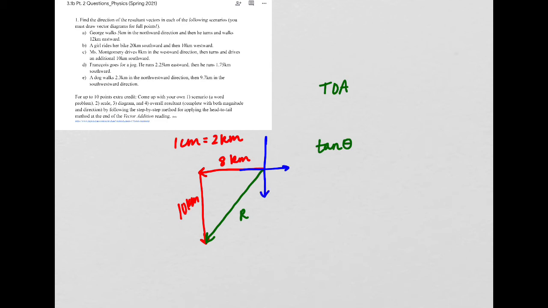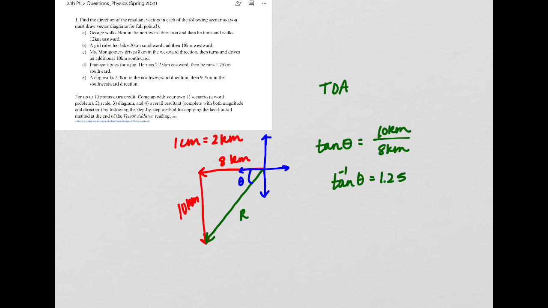So this is the axis or the compass that we're looking at. So our theta is here. So the opposite would be 10 kilometers divided by 8 kilometers, which gives us tan theta equals 1.25.